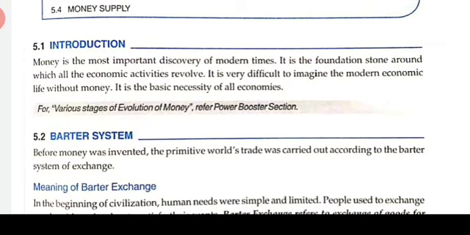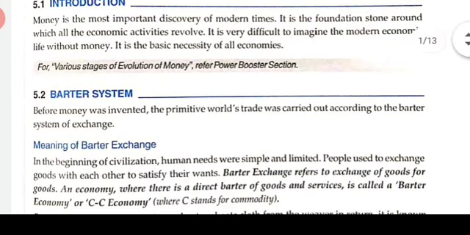Before that, let's focus on a system that prevailed in the ancient time. You might be familiar with it, the barter system. Before money was invented, in the primitive world, trade was carried out according to the barter system. So what is this barter system?